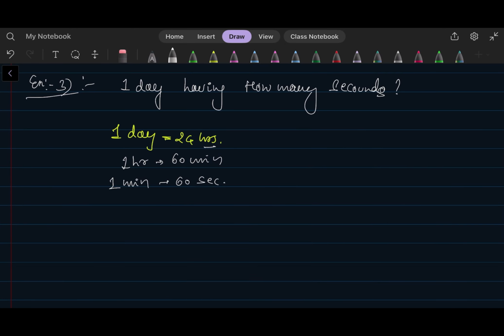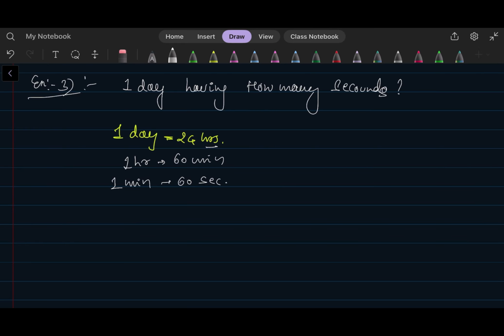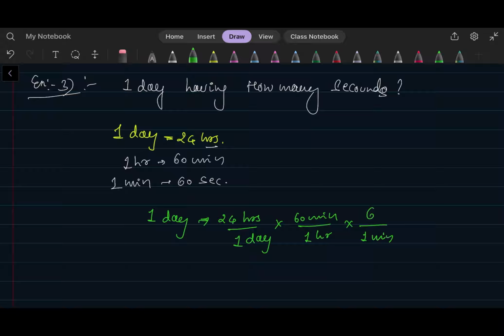Therefore, 1 day is 24 hours divided by 1 day, 60 minutes divided by 1 hour, and 1 minute contains 60 seconds. Convert all these values.